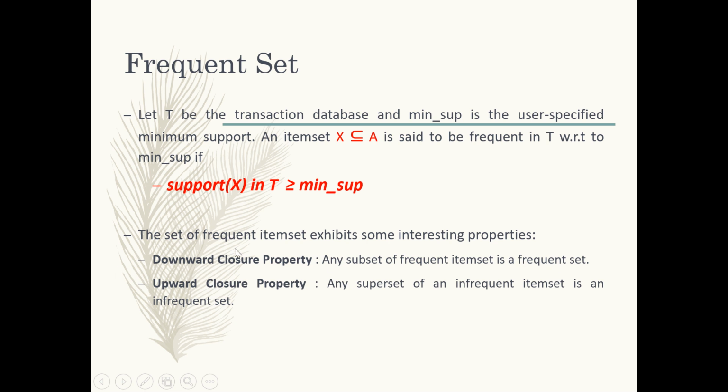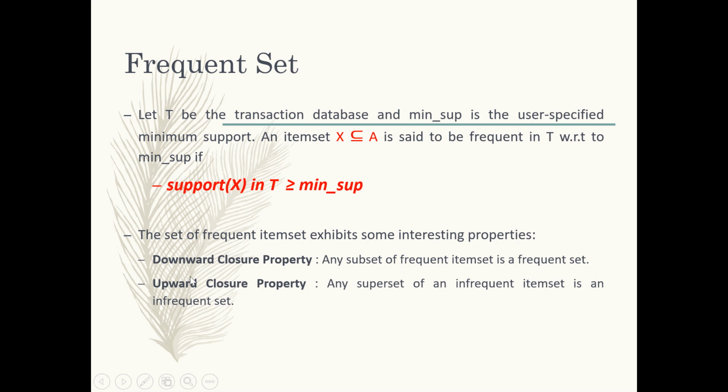Any subset of a frequent item set is also frequent. So out of 3, even if you take just 2, that has to be a frequent set. That is called the downward closure property.